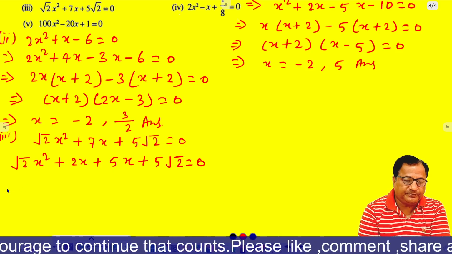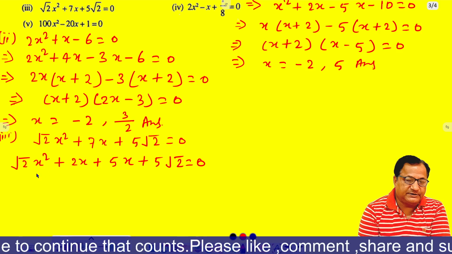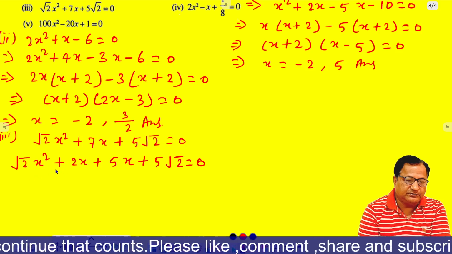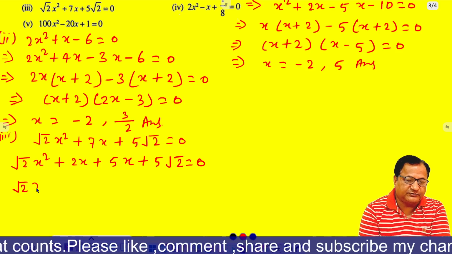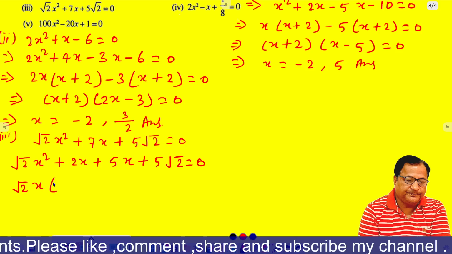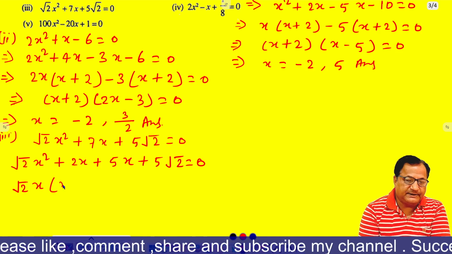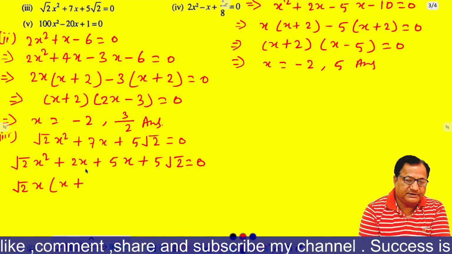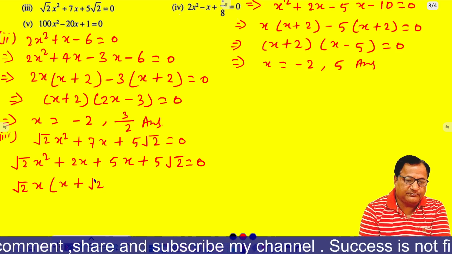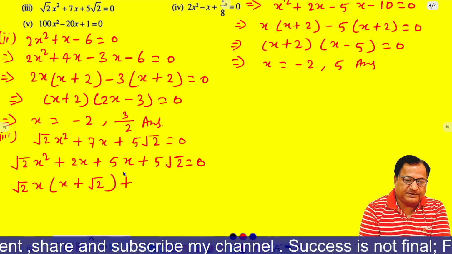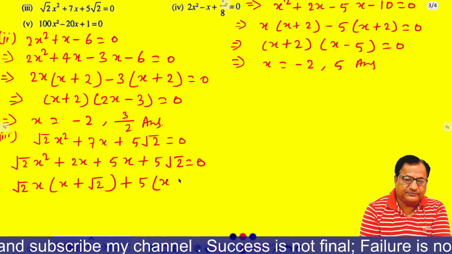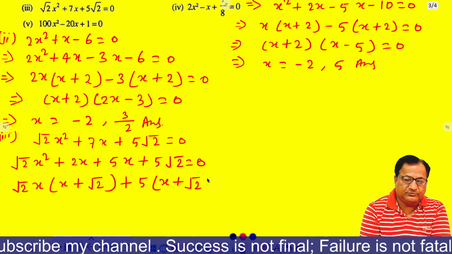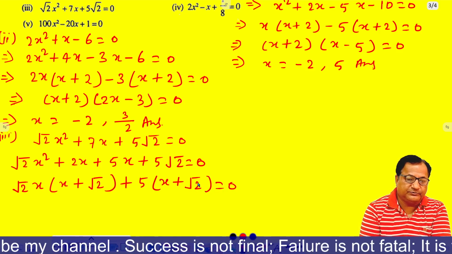Now we will take common here root 2x. If we take root 2x common, then here it will be x plus root 2, plus 5 we will take common, then it will be x plus root 2 equal to 0.